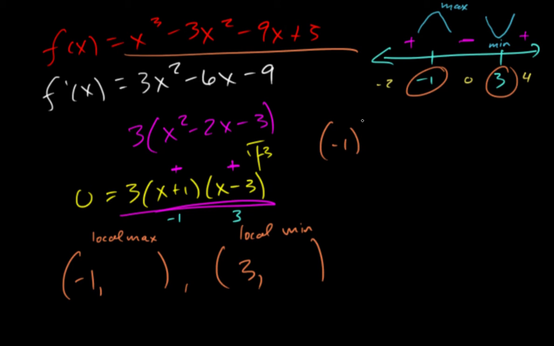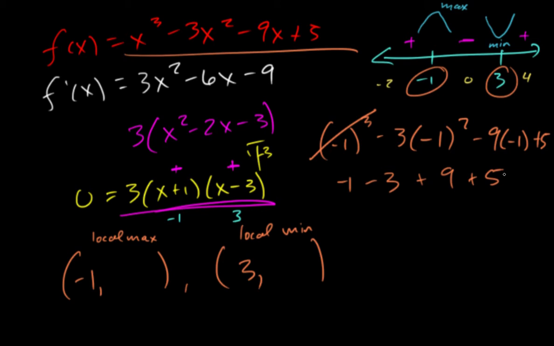I get negative 1 cubed minus 3 times negative 1 squared minus 9 times negative 1 plus 5. Negative 1 cubed is negative 1. Negative 1 squared is positive 1. Positive 1 times negative 3 is negative 3. These multiplied together are positive 9, and then we have our positive 5. Combine these, we get negative 4. Combine these, we get 14. Combine those, we end up with 10. So the y value right there is 10.